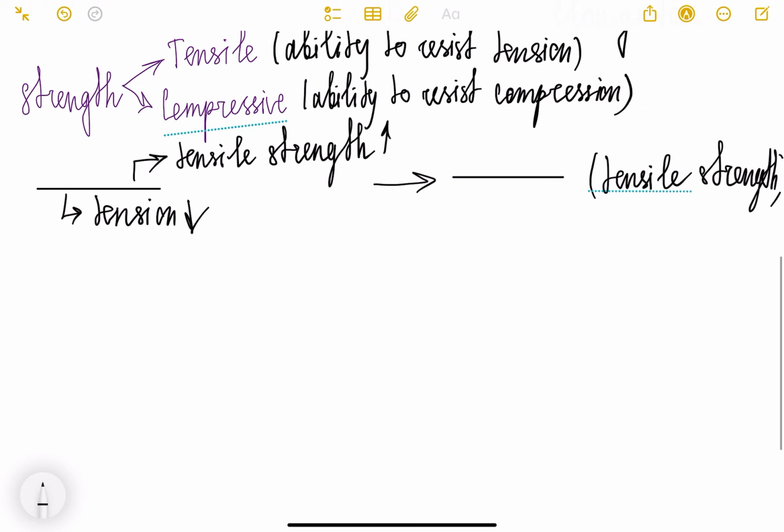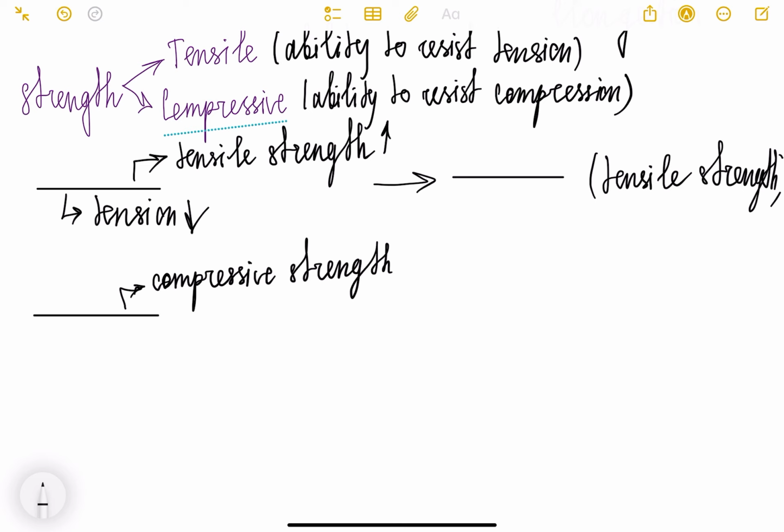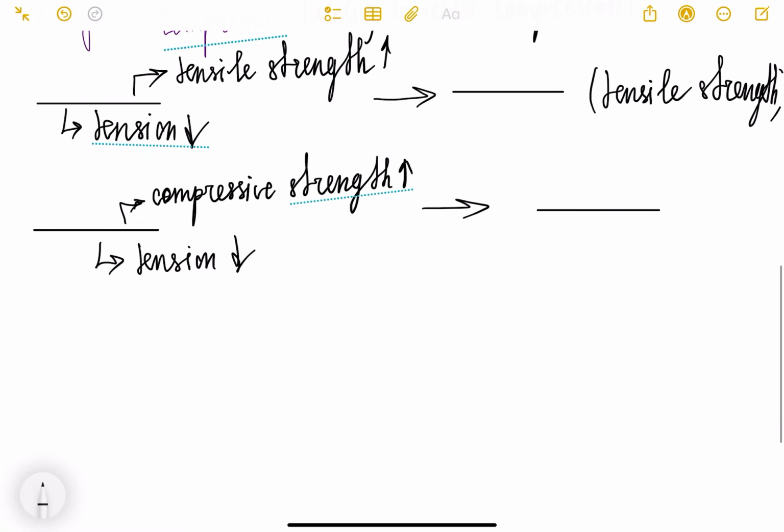So the line was also like this. Then there is compressive strength. If compressive strength is higher and tension is lower, it won't change as well, like a similar length.